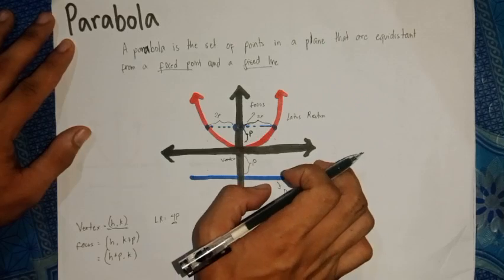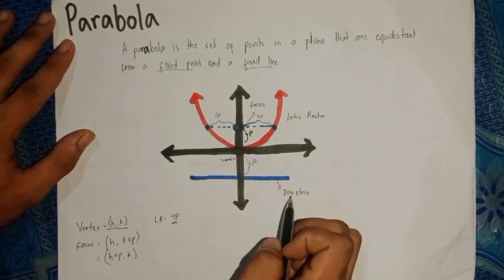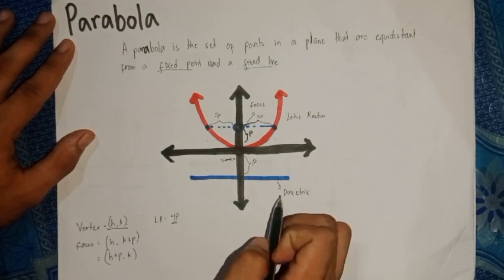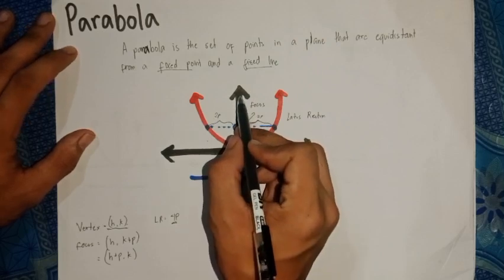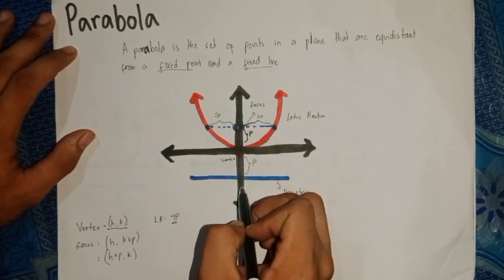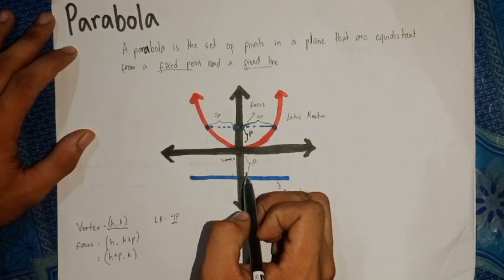Now, next we have the directrix. The directrix is perpendicular to the axis of symmetry. This is our axis of symmetry. Always remember that the directrix is perpendicular to our axis of symmetry. That is our directrix.